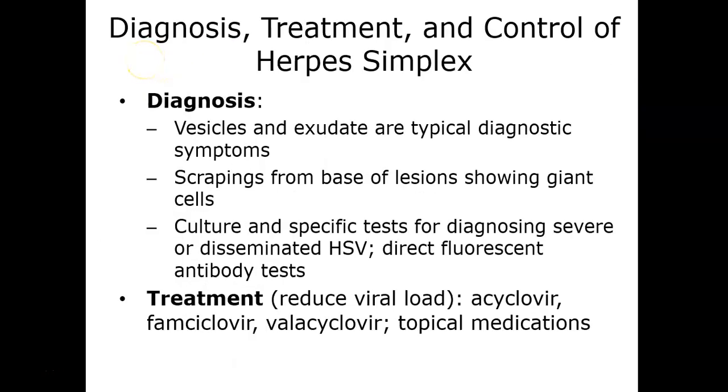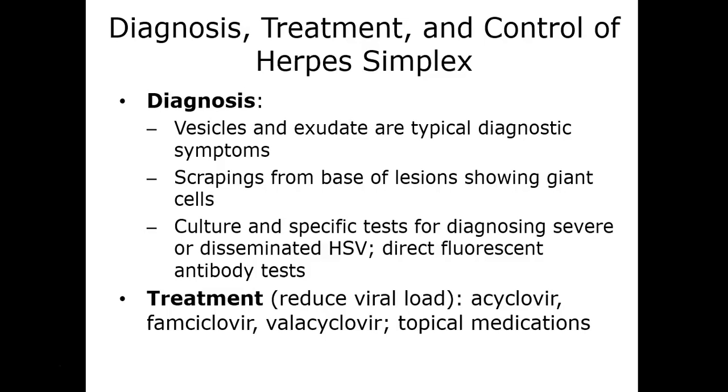So how do we diagnose, treat, and control HSV? Well, for diagnosis, again, we look at the vesicles, and we look at the exudate, or the fluid that is produced from those vesicles breaking open. We talked about HSV2 cervical scrapings showing those giant multinucleated cells. We can also do culturing tests and antibody tests to determine the specific type of HSV.